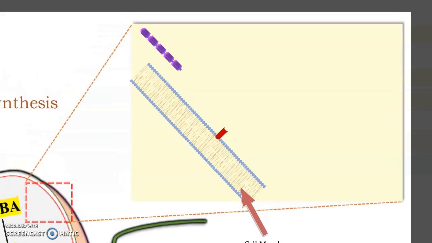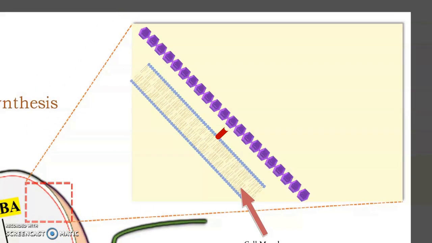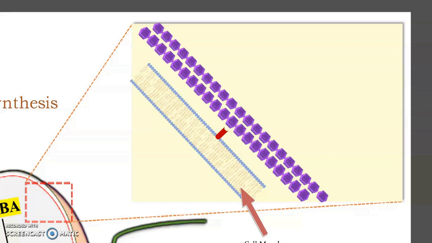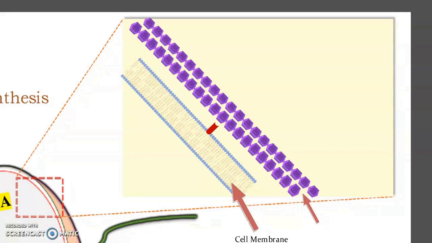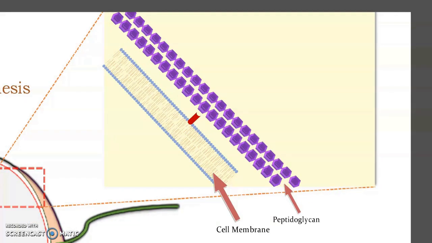Bacteria consists of a cell membrane, and it also has a peptidoglycan layer which acts as the cell wall. Regardless of whether the bacteria is gram positive or gram negative, it consists of cell membrane and peptidoglycan layer. However, there can be change in the thickness of the peptidoglycan layer, or there can be multiple cell membrane layers depending upon the type of the bacteria.